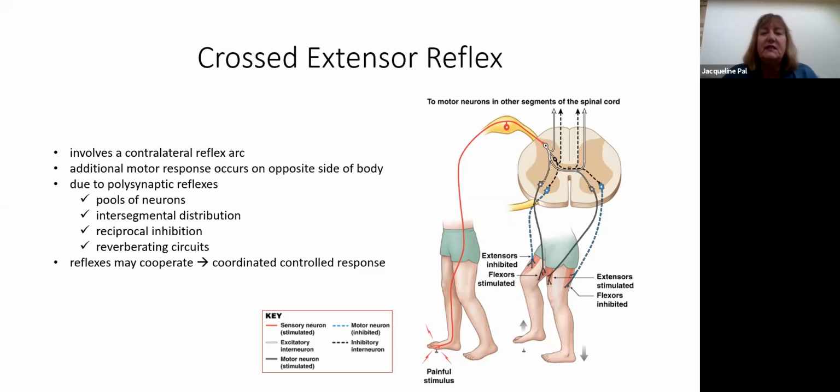So this can give us intersegmental distribution at different levels of the spinal cord. It's going to be involved in the reciprocal inhibition. It can give us reverberating circuits. We can have all of those things involved.